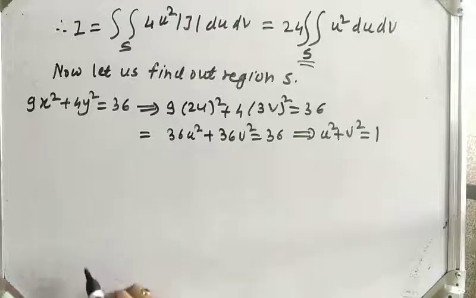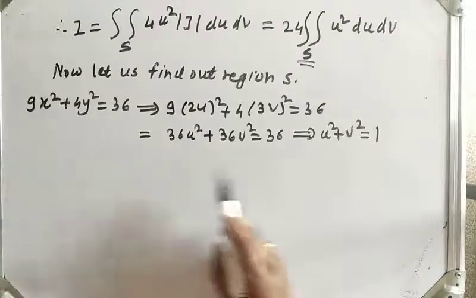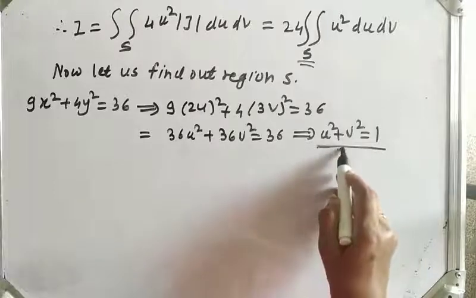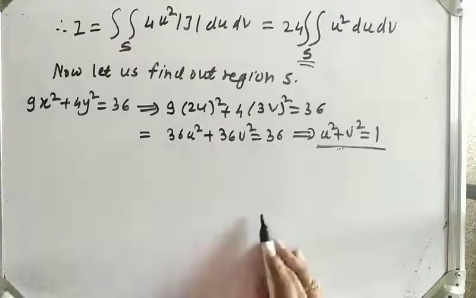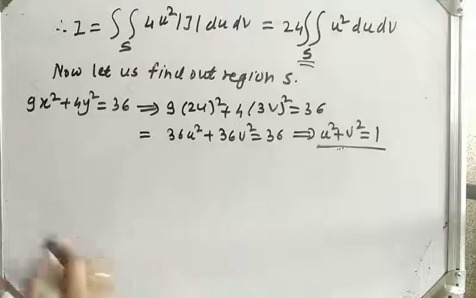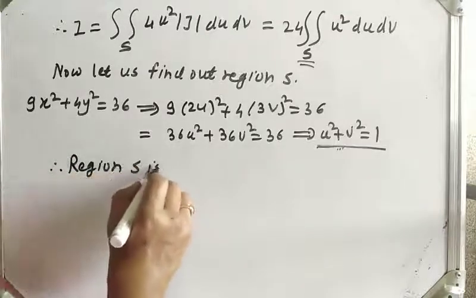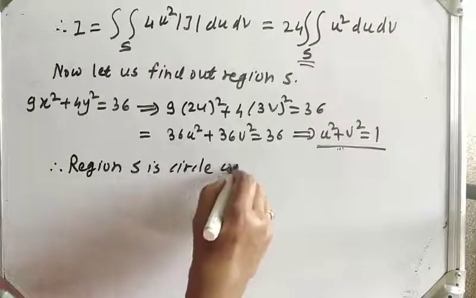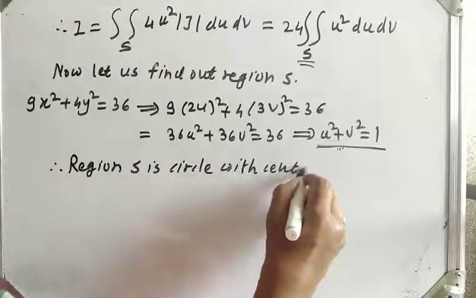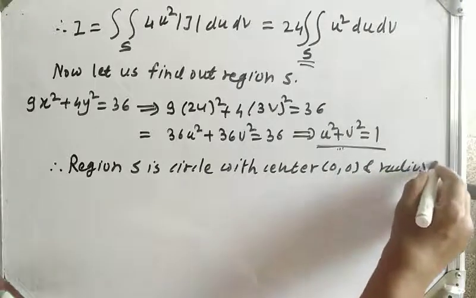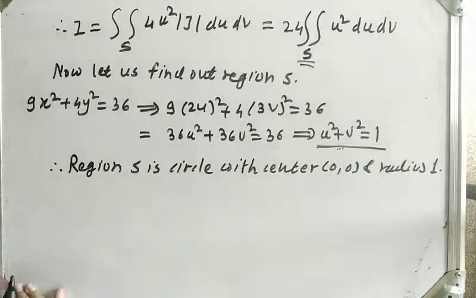This means the ellipse in the xy plane is equivalent to a circle with center 0, 0 and radius 1 in the uv plane. Therefore, region S is a circle with center 0, 0 and radius 1.